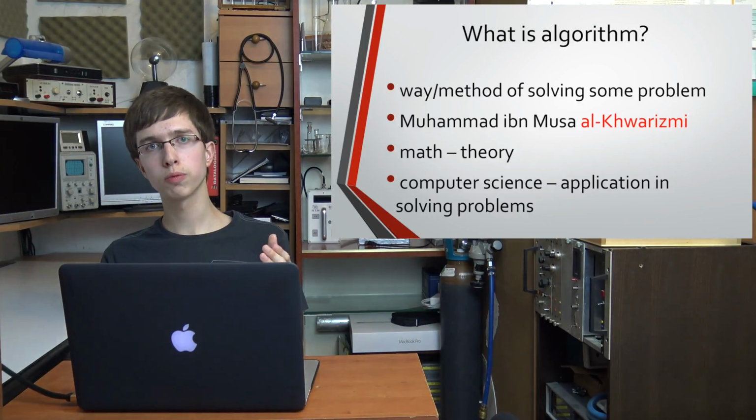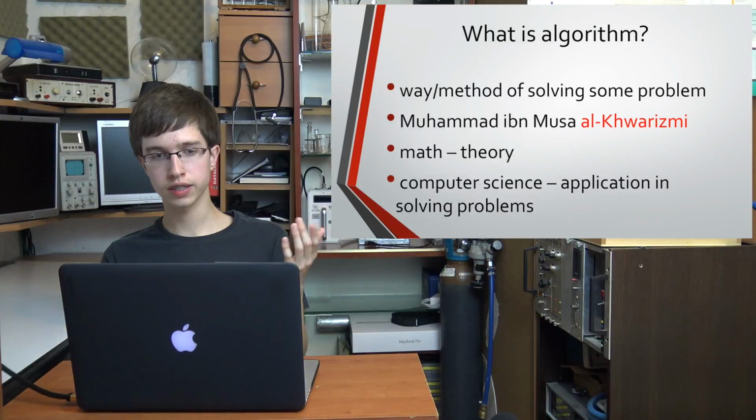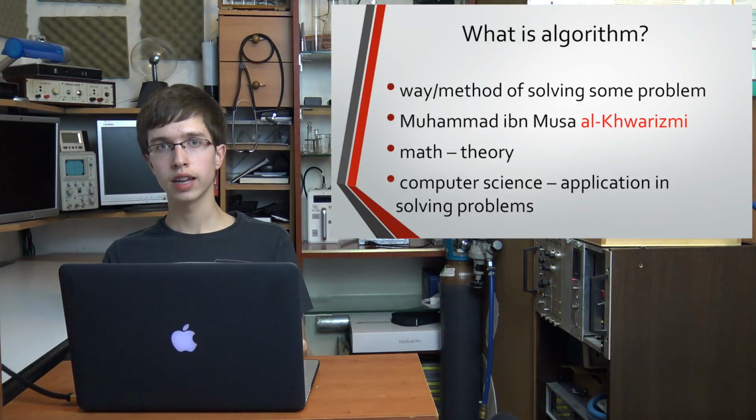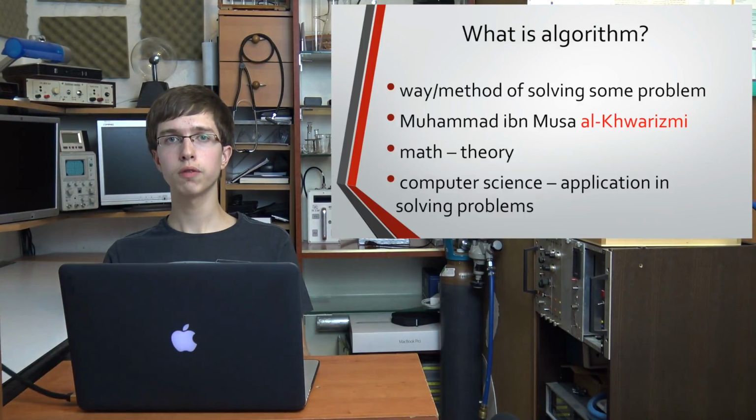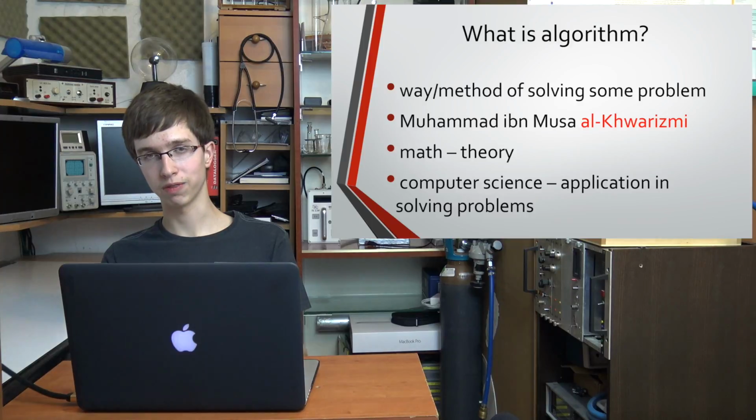There was an old Persian mathematician called Muhammad ibn Musa al-Khwarizmi, after whom algorithm got its name, so after his surname al-Khwarizmi. And he was a mathematician who explained calculations in the decimal number system. However, today we do not use only decimal, but also binary, octal and hexadecimal number systems, which are especially used in computer representing data.